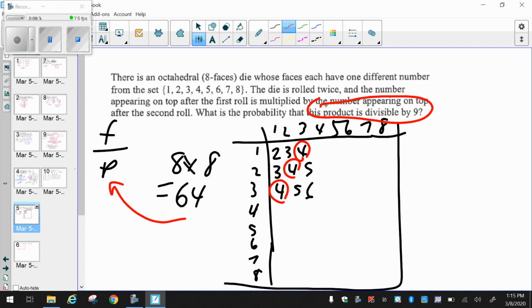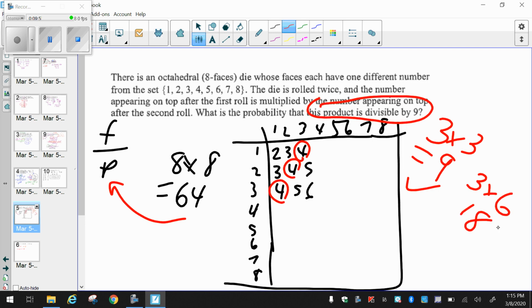When I multiply the 2 dice together, I want something where the product is divisible by 9. So let's start to think about all of those possibilities. Well, what if I had 3 and 3? Is that product divisible by 9? Yes. What if I had 3 and 6? Is that product divisible by 9? Yes.